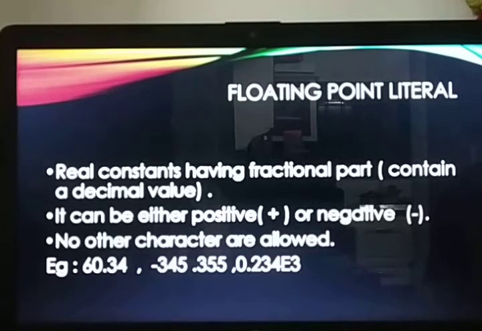Similar to integer literals, a number without a sign is considered a positive floating point literal. And no other characters are allowed for floating point numbers except numbers. Here you have 3 examples, and can you see the number 0.234 E3? It is represented as an exponent value.